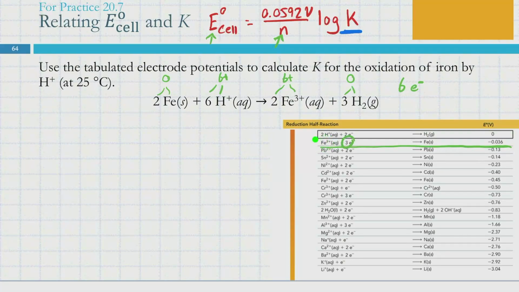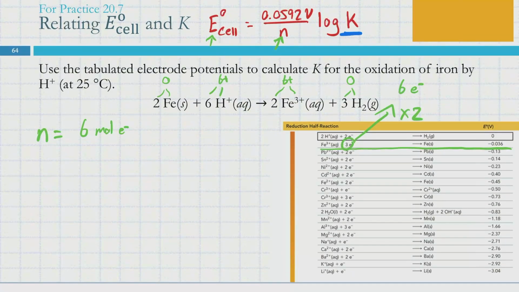But we have a coefficient of 1 in front of our iron 3 ion and in front of our metallic atomic iron. So we could also just see that we've multiplied that by 2 and we've got 6 electrons transferred. Okay, so n equals 6 moles of electrons. And what about our standard electrode potential of the cell?